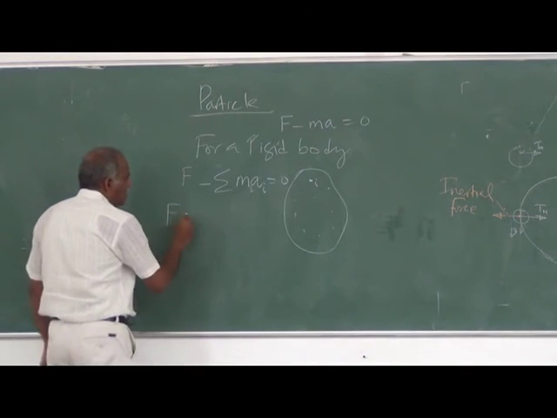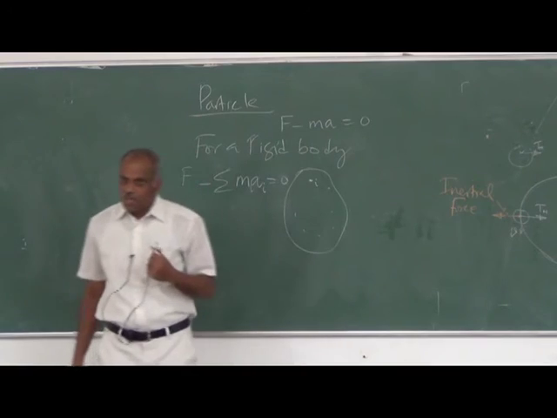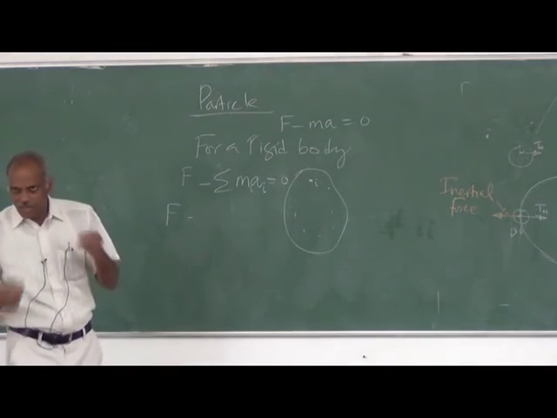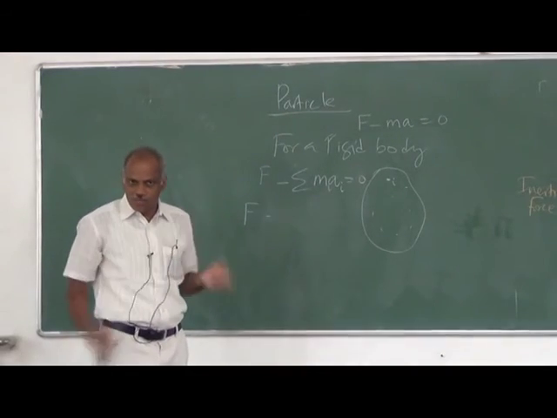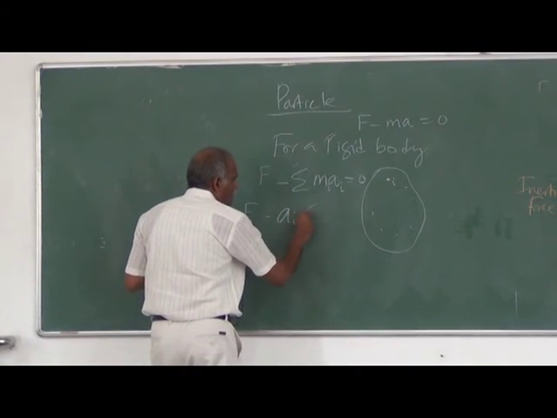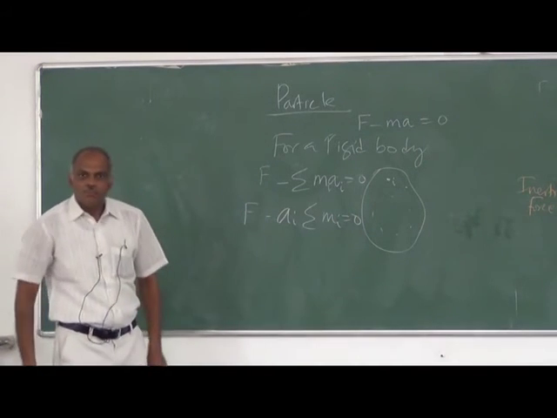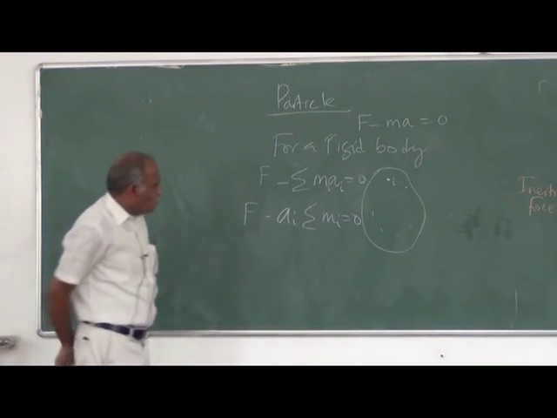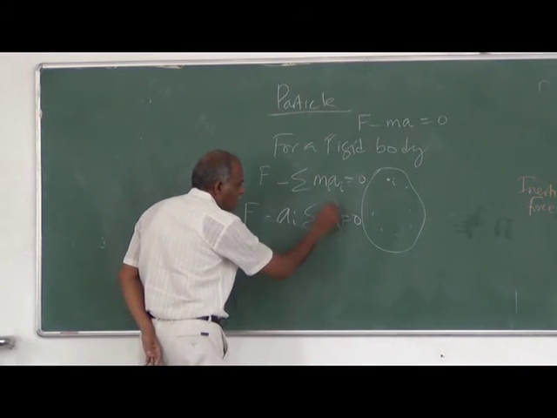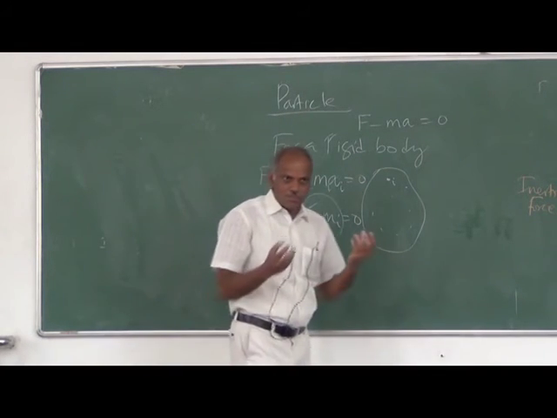But what is common here is, when it is subjected to a translation, all the rigid bodies will be subjected to the same acceleration. So a_i is constant, so the sum of m_i a_i is proportional to the mass. Okay?